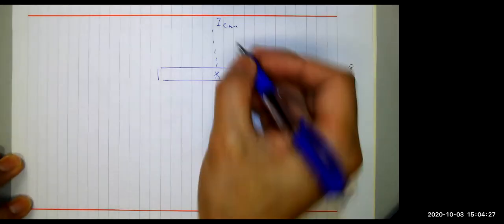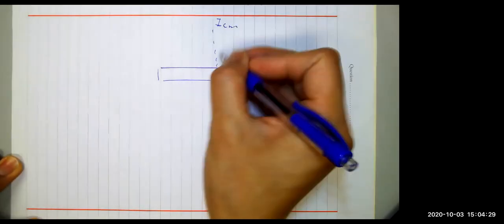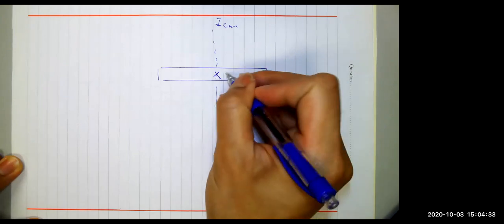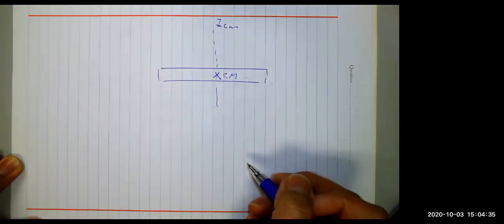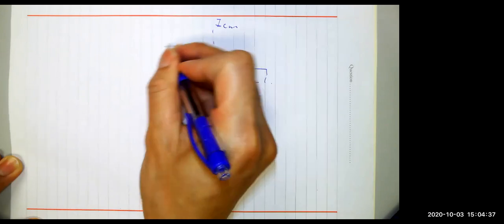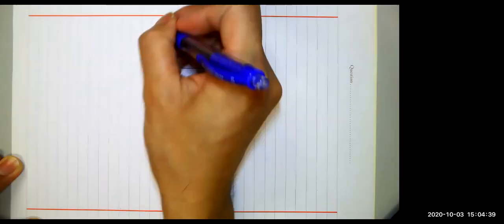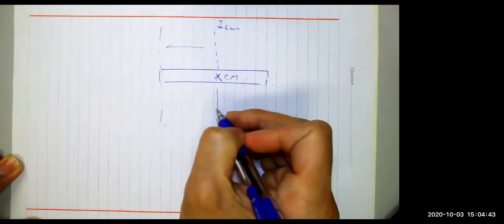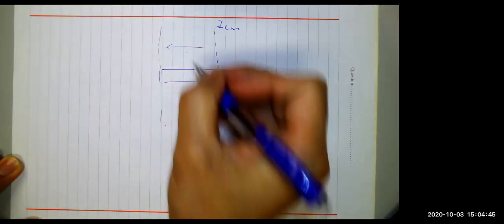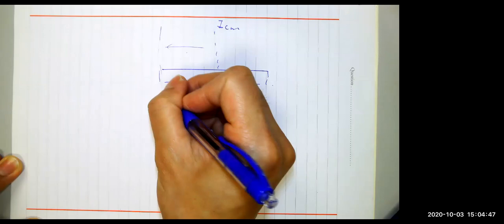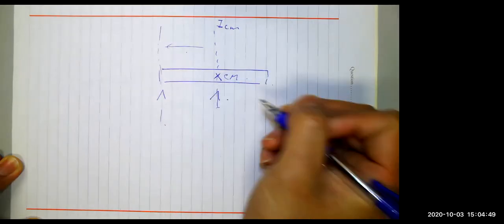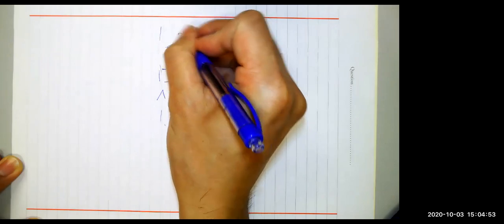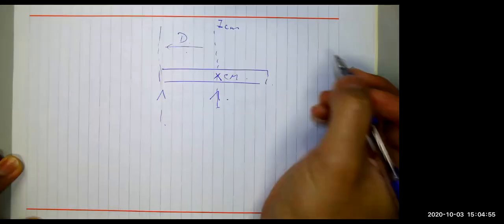So here, you have the moment of inertia for the axis passing through the center of mass. If you move the axis of rotation parallel to the initial axis, so they are parallel to one another, the distance of movement, let us call it d.